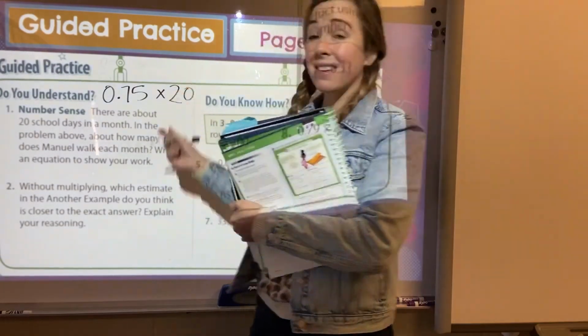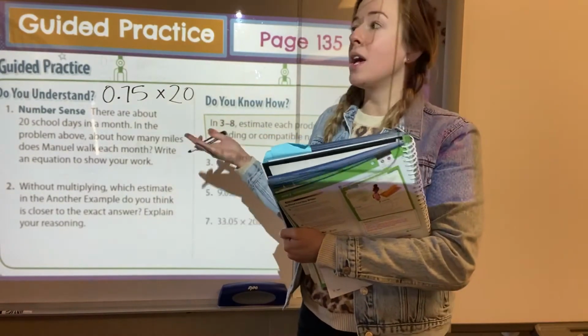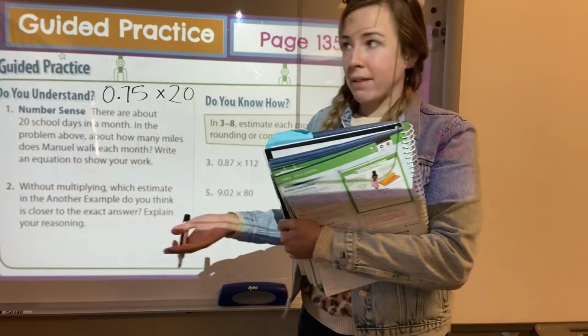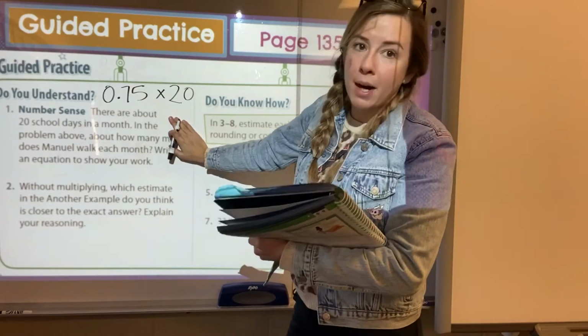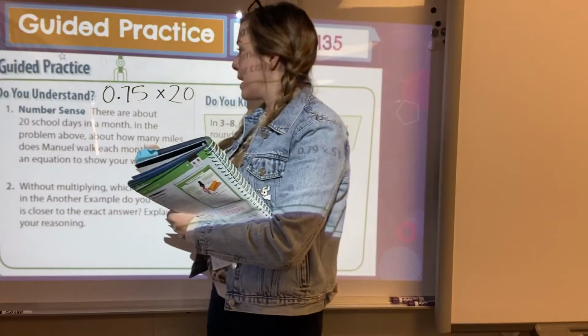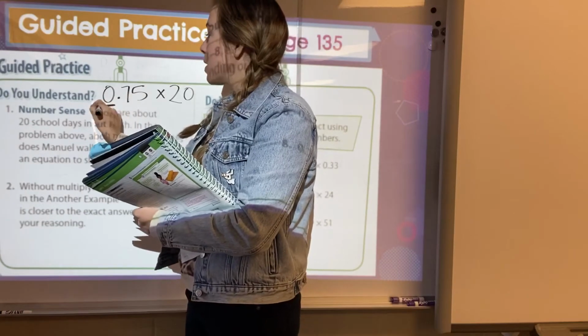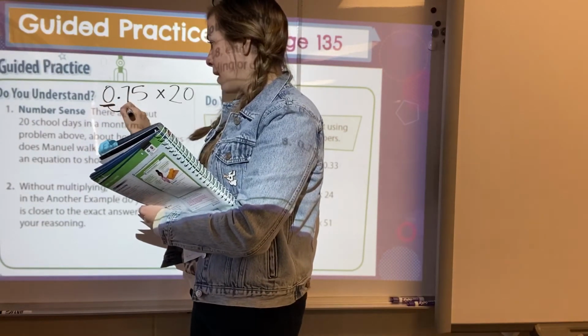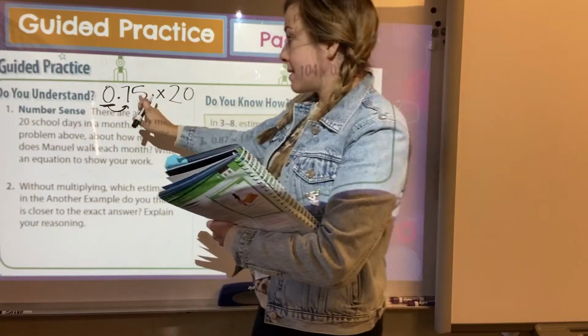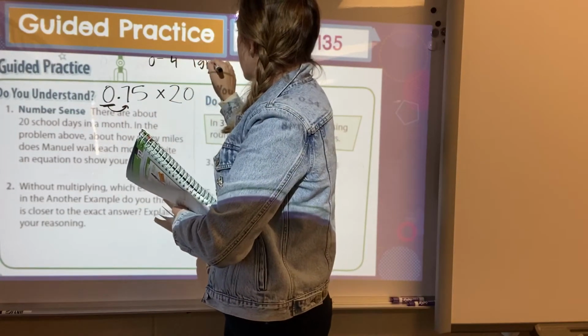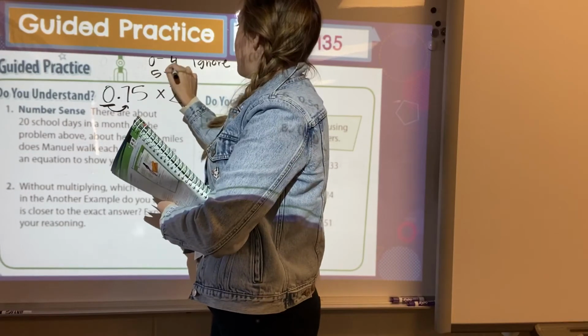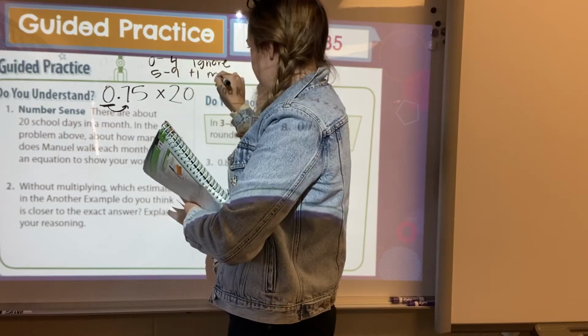So my 20, that number ends in a 0. Multiplying by 2 isn't too challenging. So I think that's a number that we could leave right where it is because it almost looks like we already rounded it, right? But we're just going off the 20 days. Now our 7,500s, we could round to the nearest whole number. If I look next door at my 7, number 0 through 4, we ignore. 5 through 9 plus 1 more.